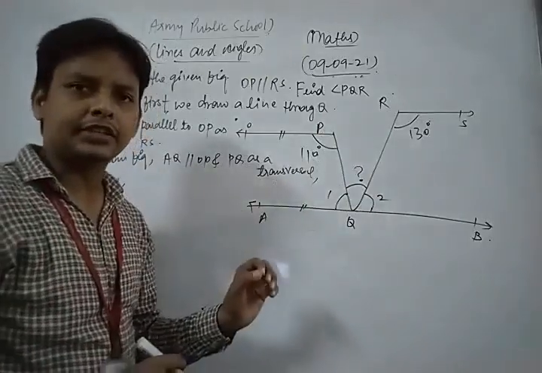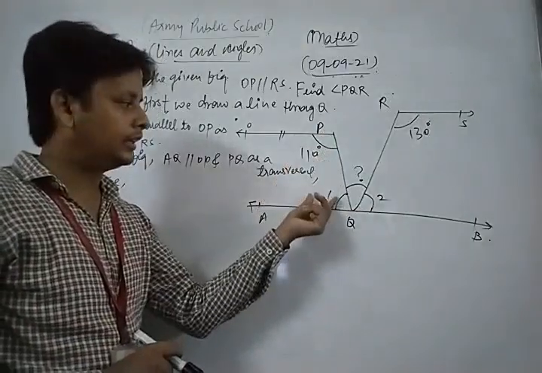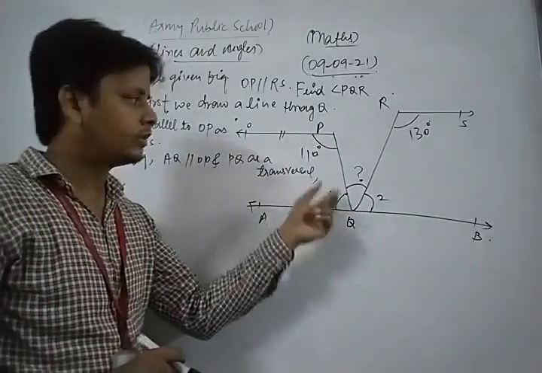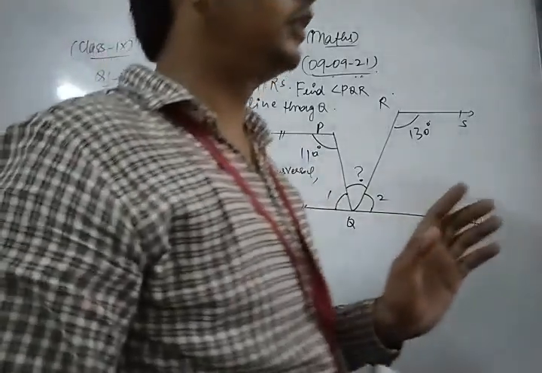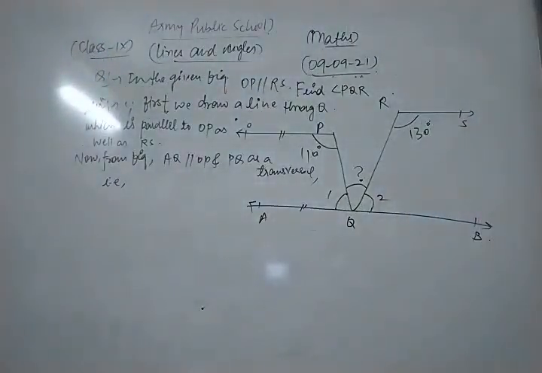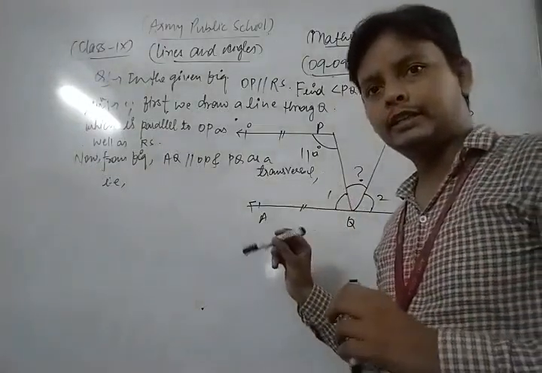If OP is parallel to AQ and PQ is a transversal, then in that condition this angle 110 and this angle, angle 1, form co-interior angles.